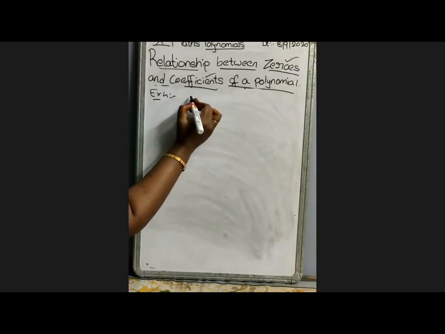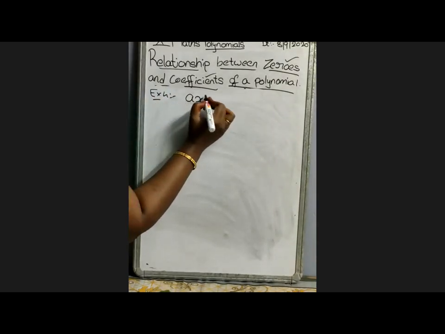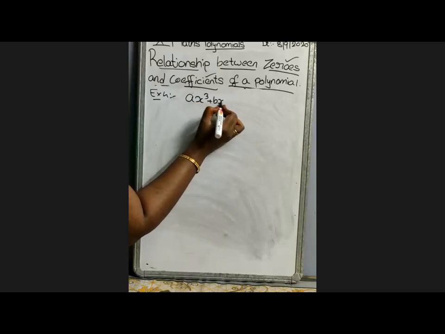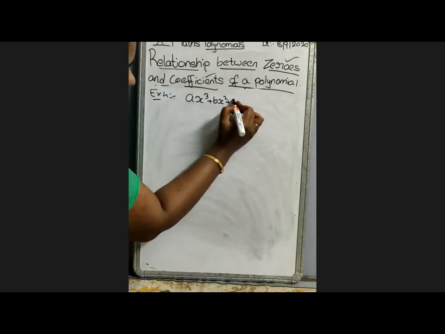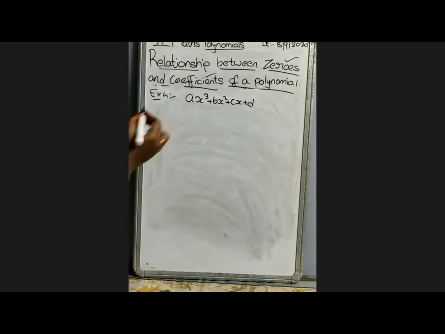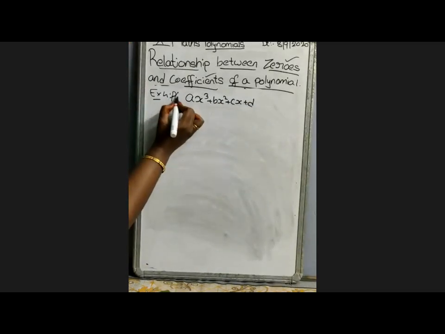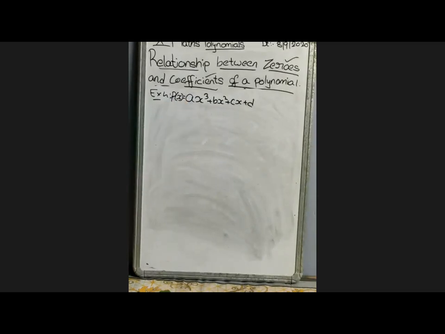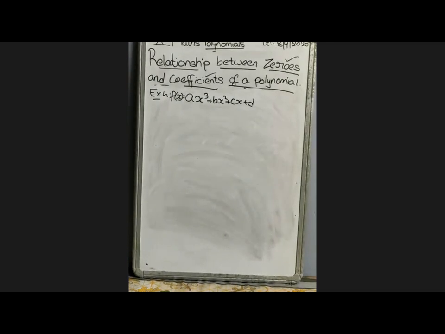Suppose you take the general formula: ax cube plus bx square plus cx plus d. Now this is the general form, p of x equal to ax cube plus bx square plus cx plus d. That is the cubic polynomial general formula.